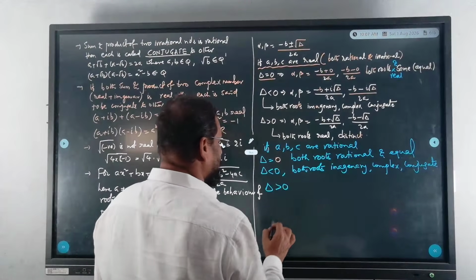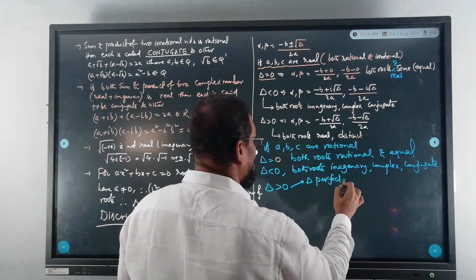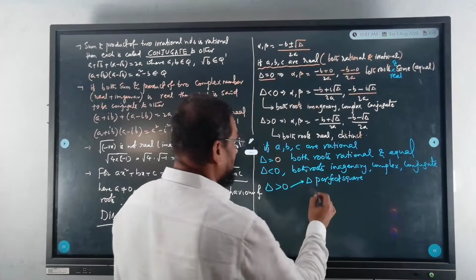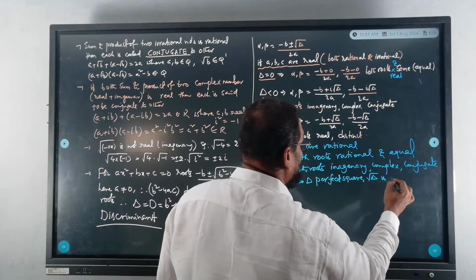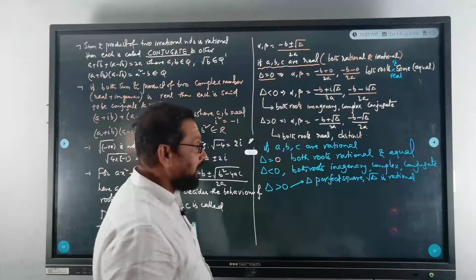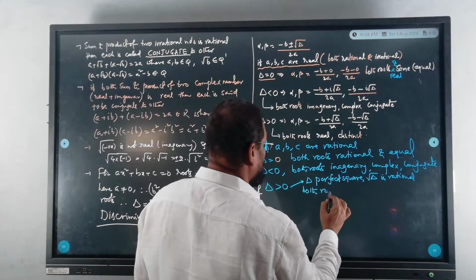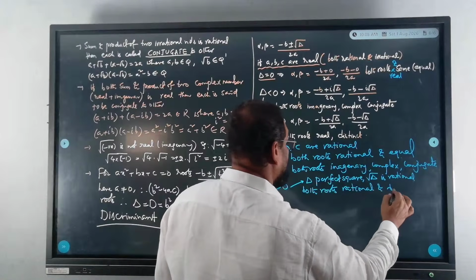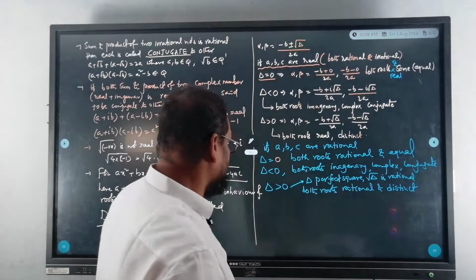Delta greater than 0, delta perfect square. Perfect square means root delta is rational. So both roots rational and distinct.